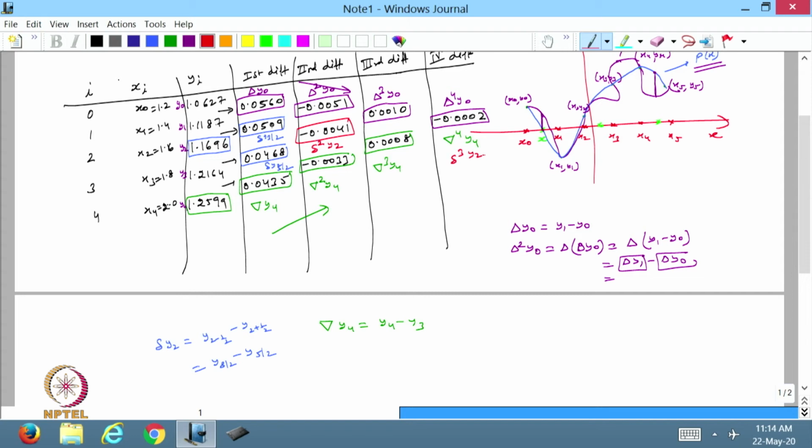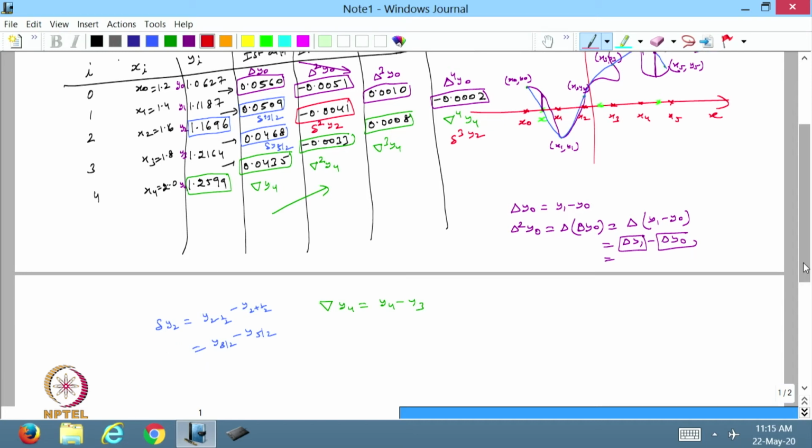So, now the same value is either represented by the forward fourth order difference, backward fourth order difference, or the central third order difference. So, from here you can see this will be fourth order. So, from here I can write this is delta 4 y2.